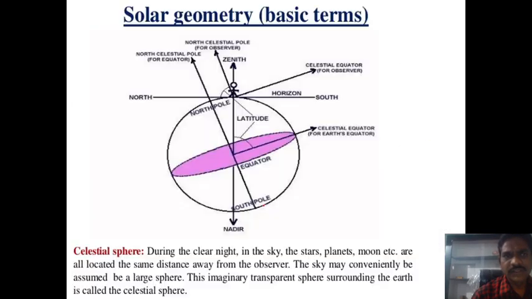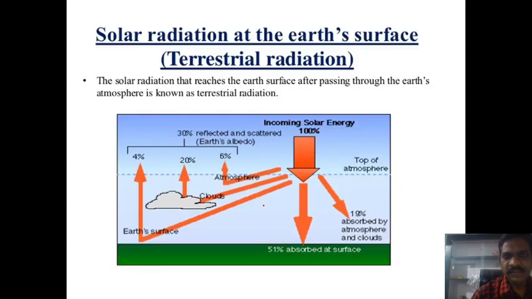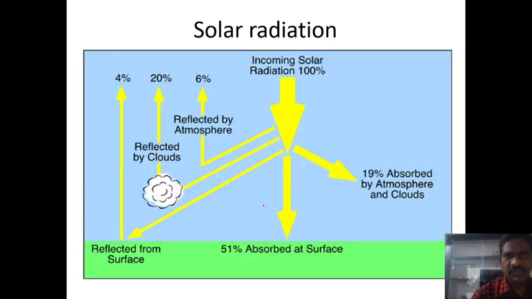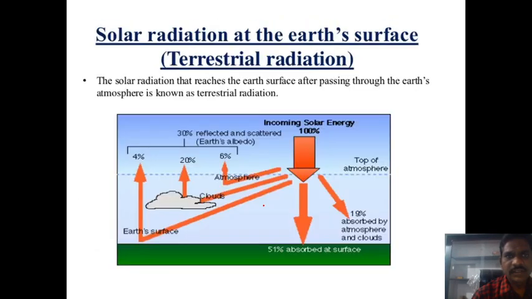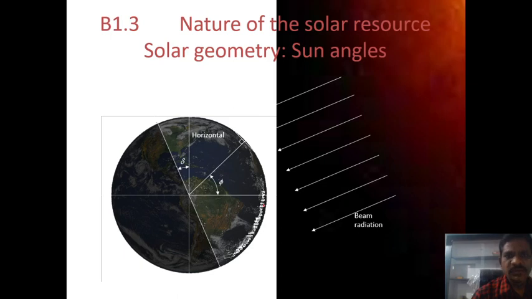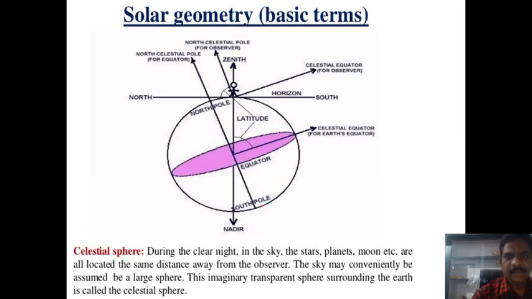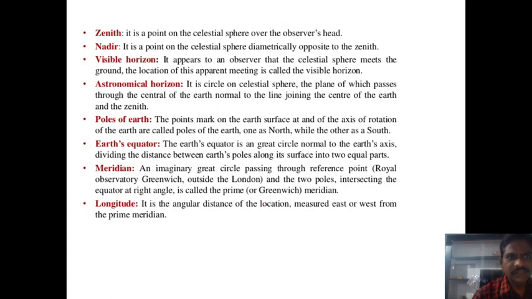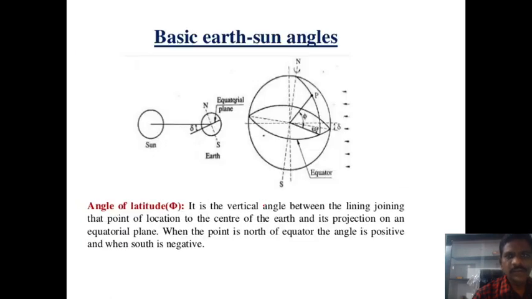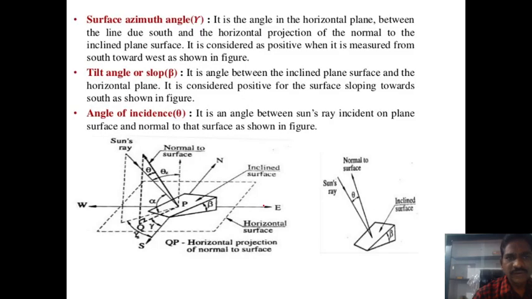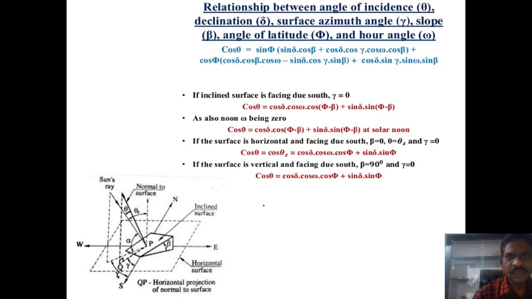So this is the end of the first unit. What did we learn, guys? We learned the different types of radiation: beam radiation, diffuse radiation, terrestrial radiation, extraterrestrial radiation, then the structure of the sun and solar radiation data. Here we learned the solar constant values, then different solar angles: theta z, gamma s, alpha s, and theta. Then definitions: meridian, equator, poles of the earth, then latitude angles, declination angles, hour angles, different zenith angles, and this relationship today.